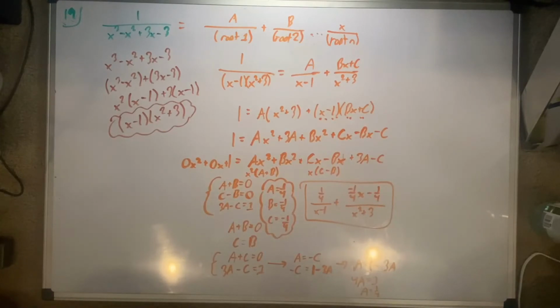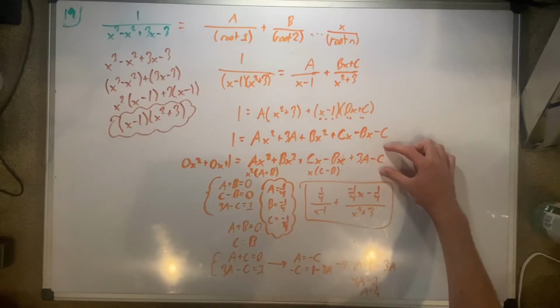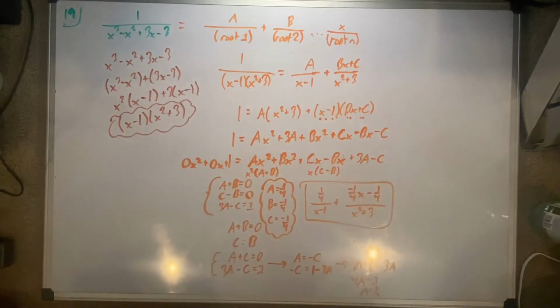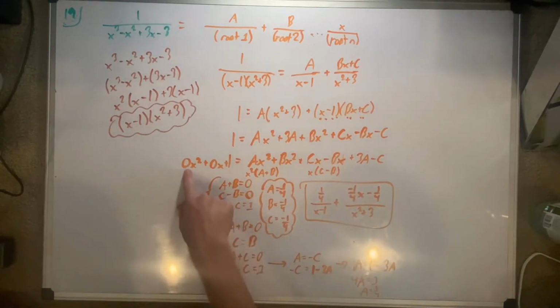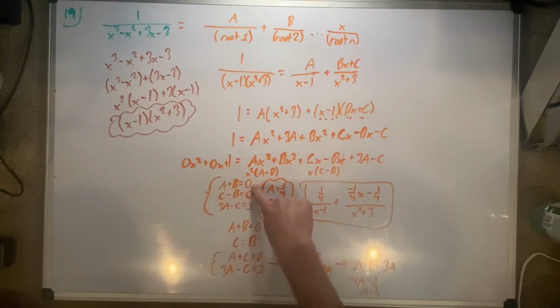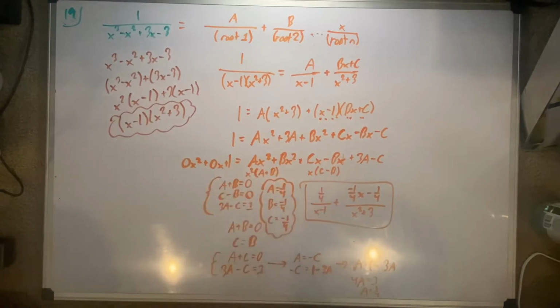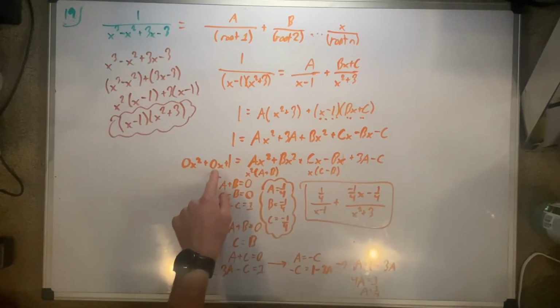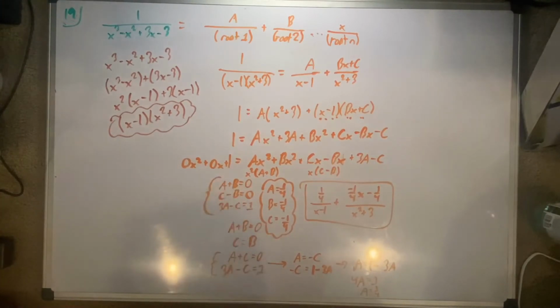Now, the most crucial step is figuring out what I did to go from here to there. When I went from here to there and tried to solve for the A's, B's, and C's, I noticed that there are no x squareds here, so I know that the coefficients must add up to 0. I know there are no singular x's here, so the coefficients on the x's had to equal 0.